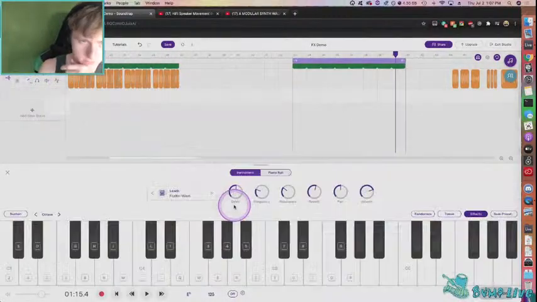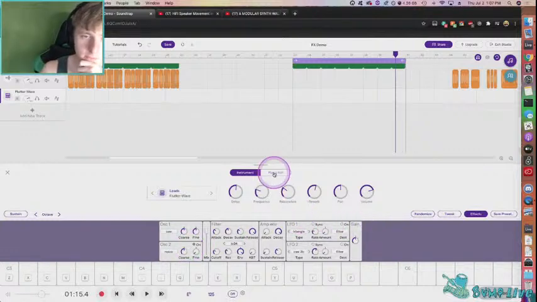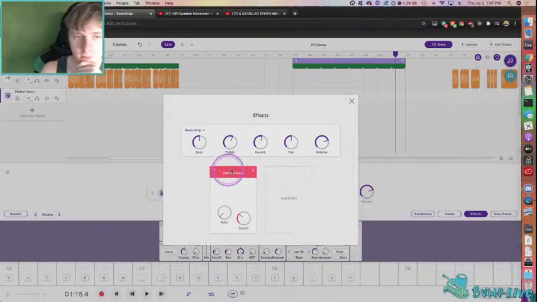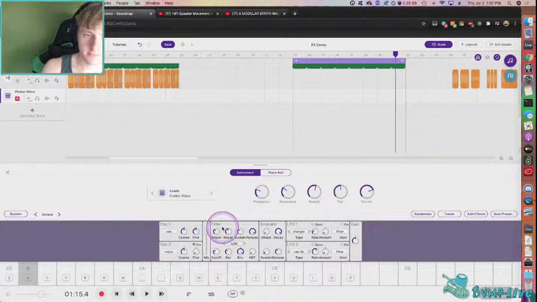Synthesizer, the filter wave, go into tweak. Let's cut out all of the effects. Looks like we got a triangle going to the filter.